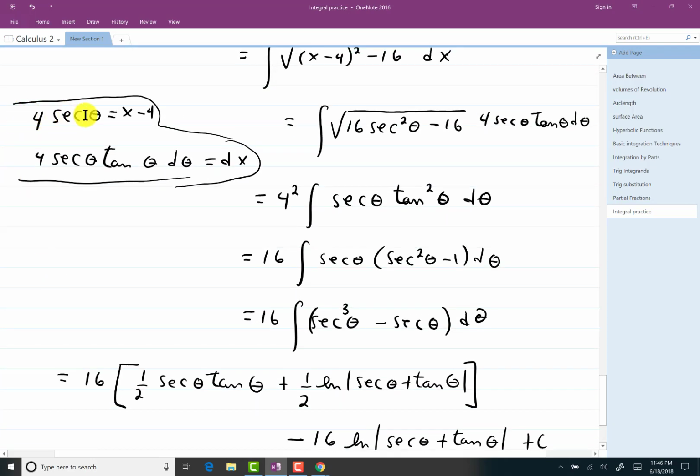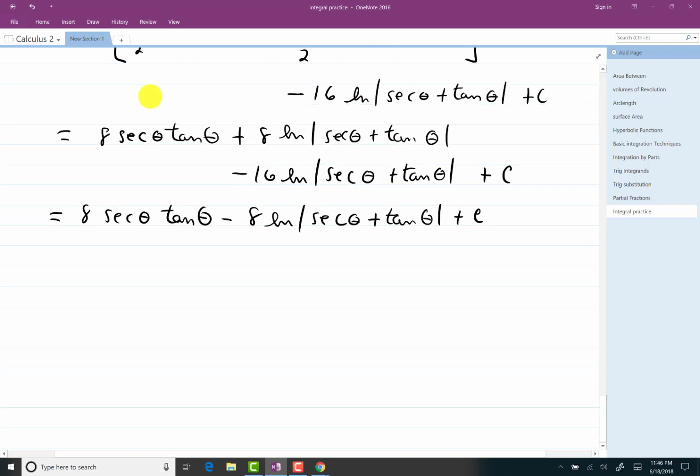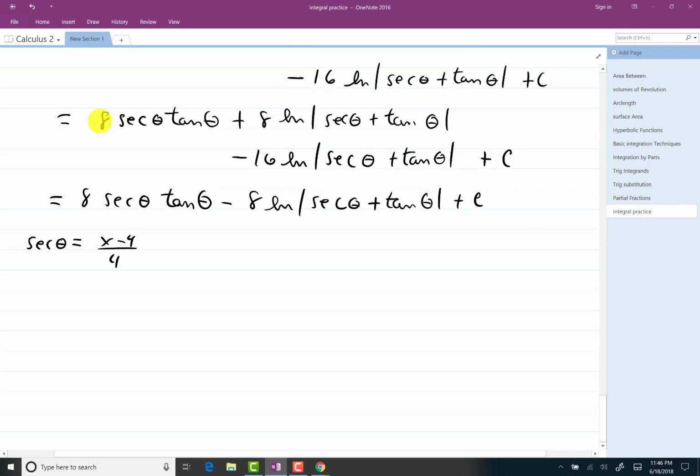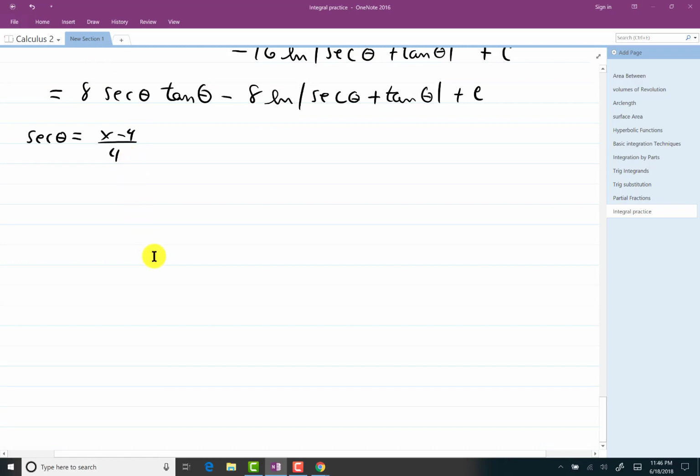Right here, this is the defining equation. Secant of theta equals x minus 4 over 4. Now, they told us x was greater than 8. This is the best of all worlds. We're in the first quadrant because everything's positive. So I'm going to go ahead and make up a triangle involving that quantity.